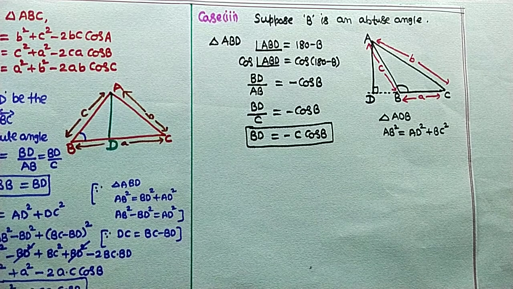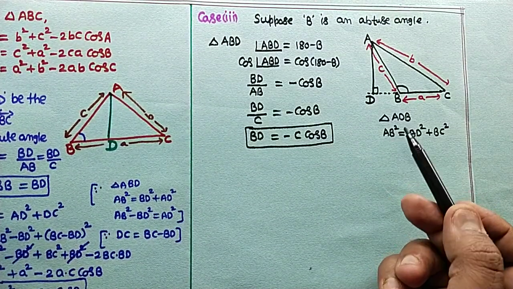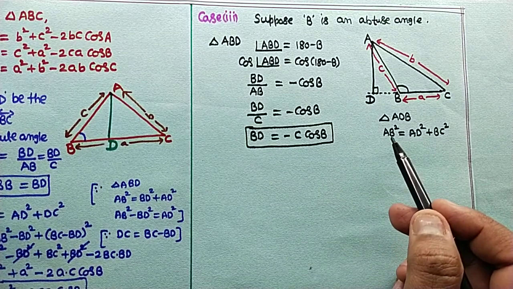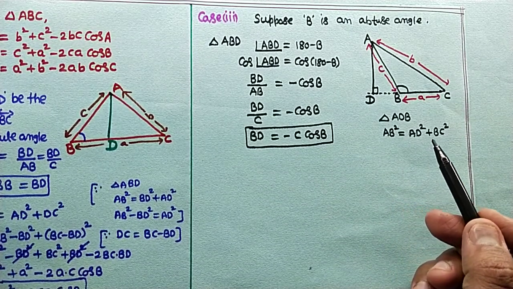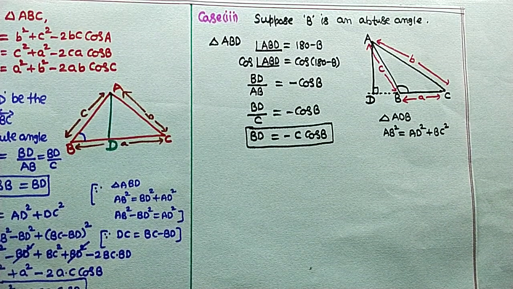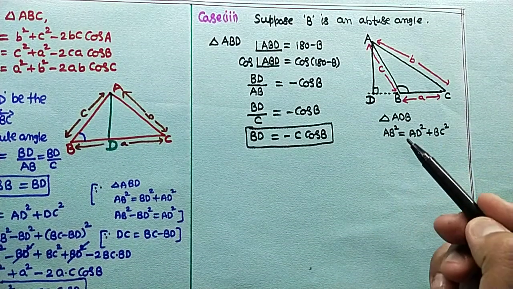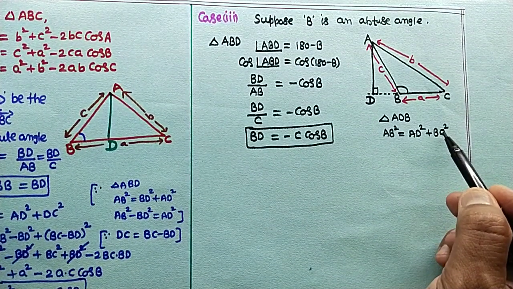After getting the value of BD, again you have to consider triangle ABD and write the Pythagoras theorem. AB square equals AD square plus BD square. It's not BC, it is BD.